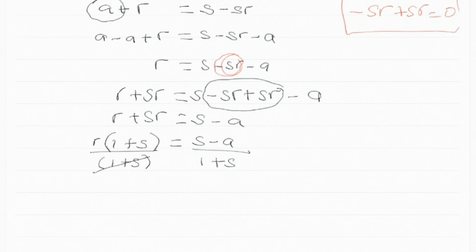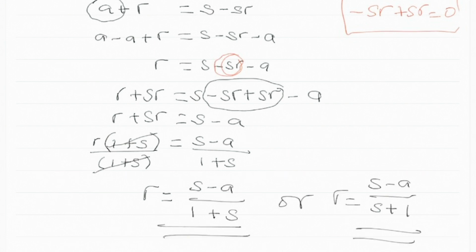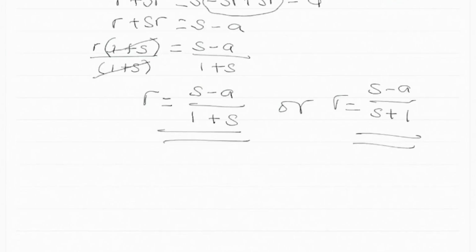Then we have R is equal to S minus A over 1 plus S, or R equals S minus A over S plus 1. This is your answer. Now we say 1 plus S or S plus 1 because addition is commutative.